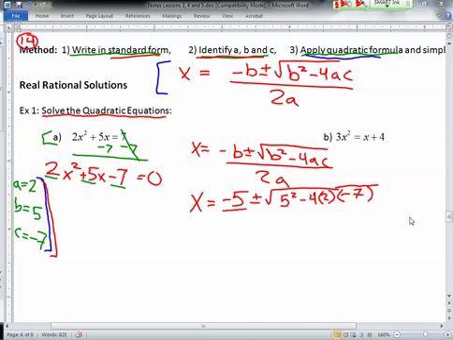And all of that is over 2 times a, which is a's value is 2, so I just pop that in like that. And from this point, it's just simplifying.